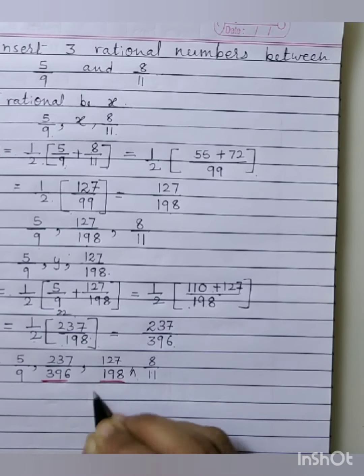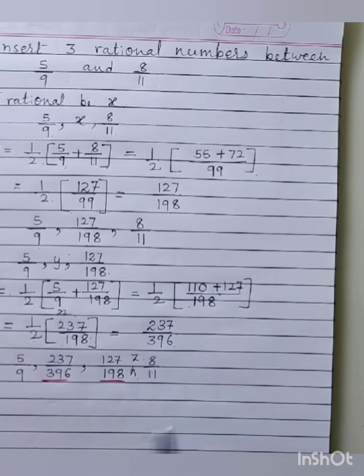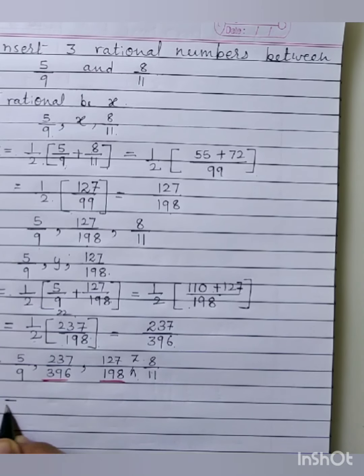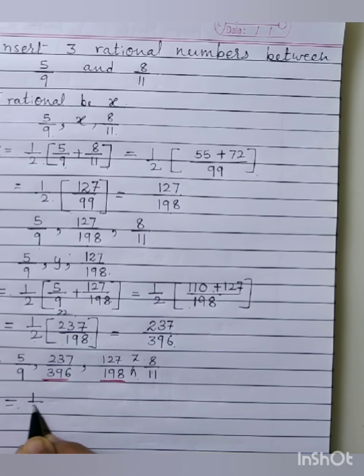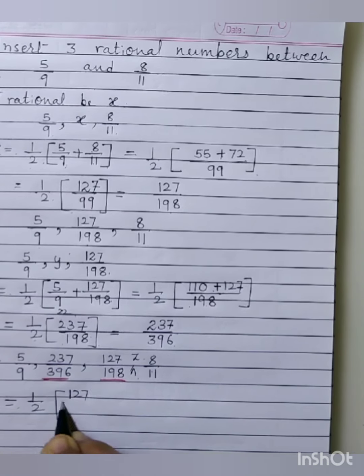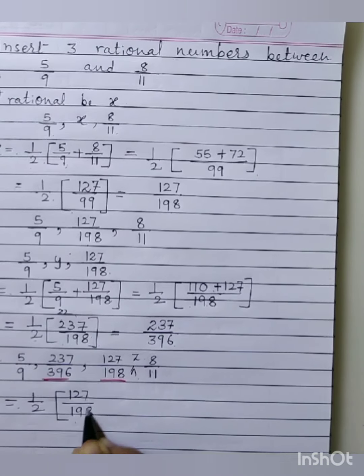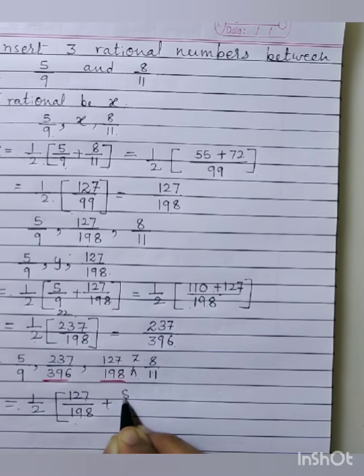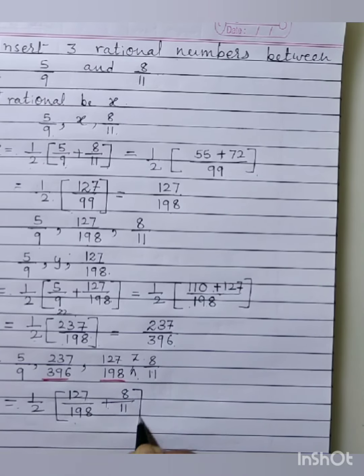Suppose I wish to introduce it over here. So I will name it as Z. Z will be equal to what? 1 upon 2 times 127 upon 198 plus 8 upon 11.